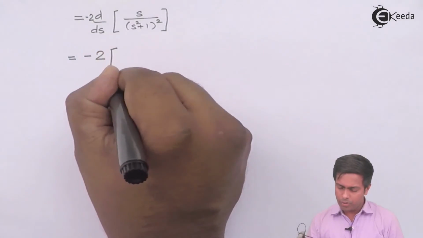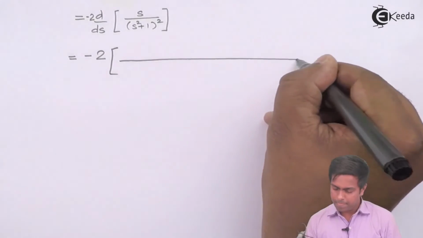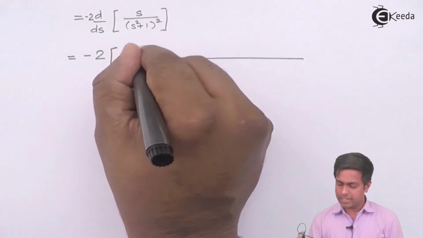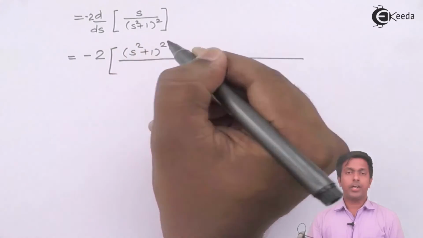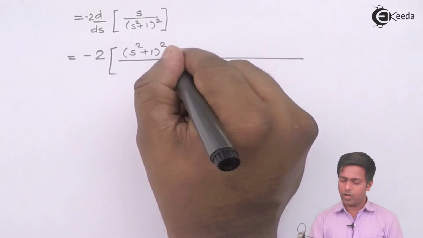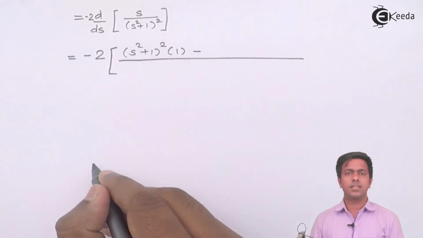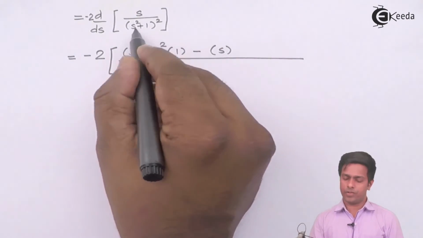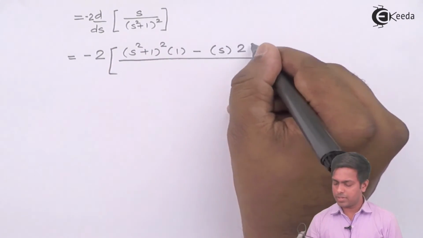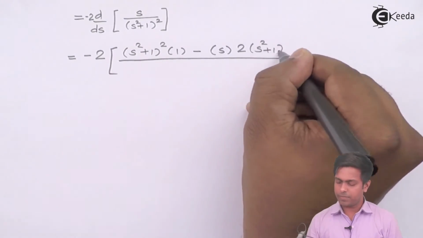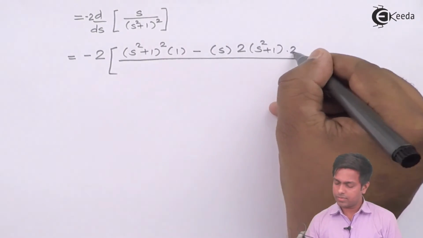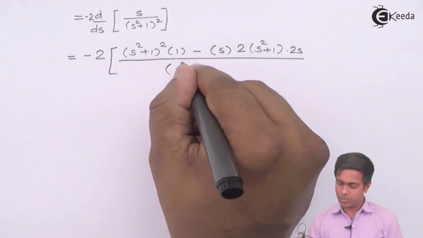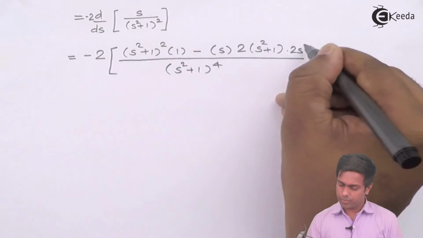By the u upon v rule, the first term is v, that is (s square plus 1) the whole square, into the derivative of u, so the derivative of s is 1, minus u, that is s, into the derivative of v. So the derivative of this is 2 times (s square plus 1) into 2s, upon v square. So the square of this is (s square plus 1) raised to 4.